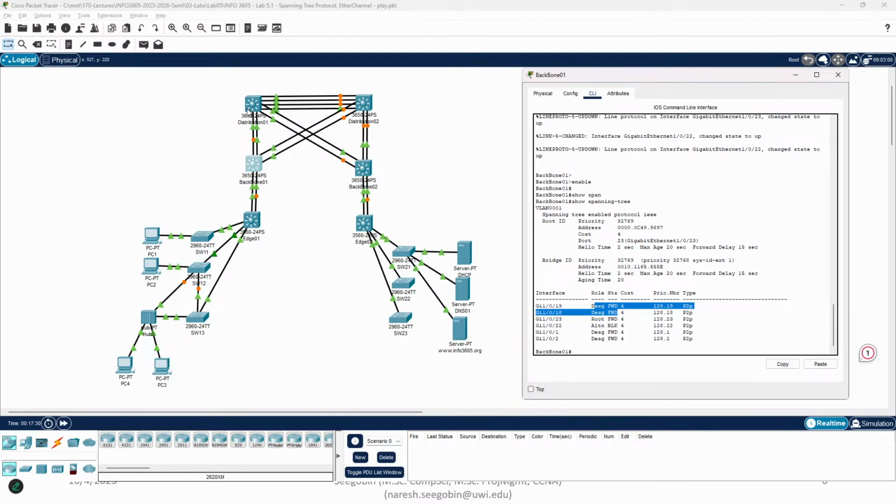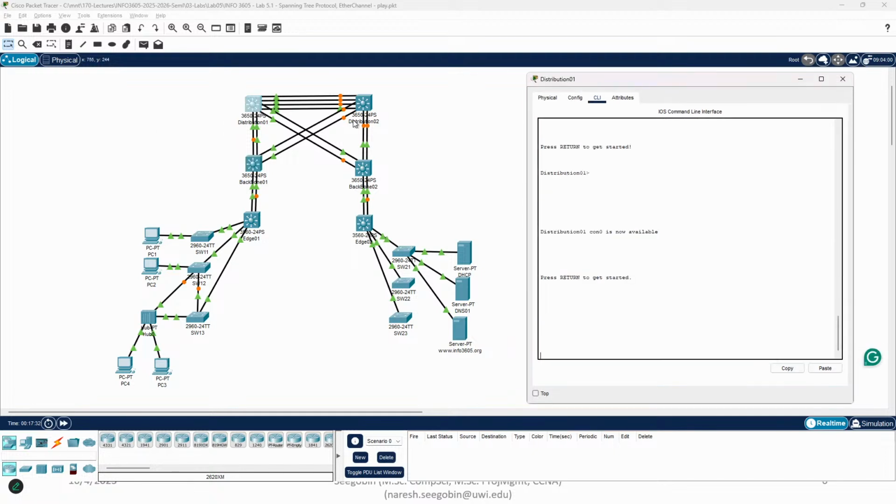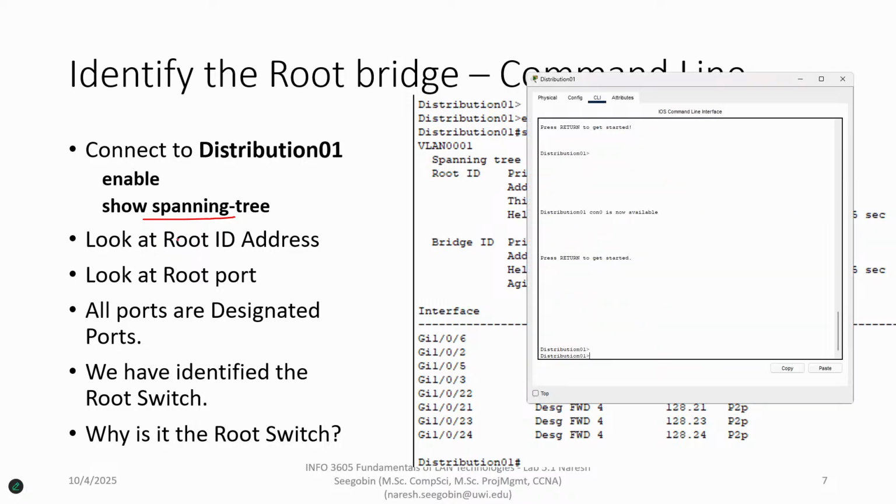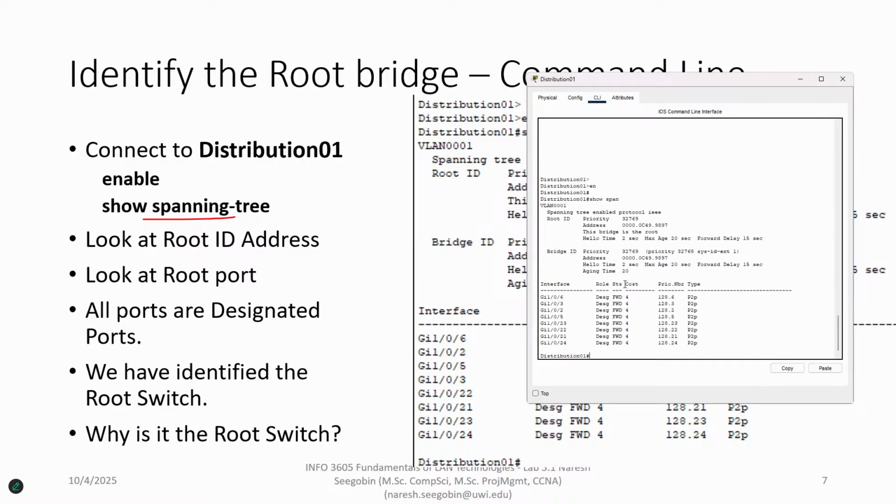All right, so let's follow. Next one is the distribution switch 01. Yeah. All right, so we're going to just connect and then we're going to shoot. Right, so you have some questions coming up. Show spanning-tree.